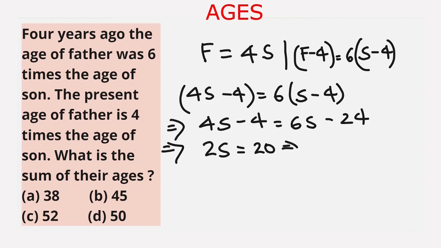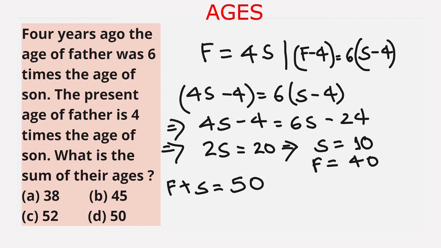This gives S, the age of son, equal to 10. And father's age therefore comes out to be 4 times of it, which is 40. Thus the sum of the age of father and son is 40 plus 10 is 50. And from the given options, our answer is option D, 50.